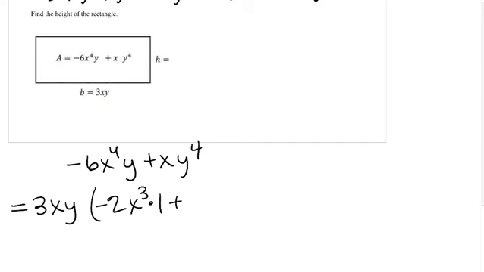Then I'm going to add. There's no number on this x y to the 4th, so it's kind of like 1 times x times y to the 4th. So you think, what do I have to multiply 3 by to get 1? You have to multiply 3 by a third to get 1. And you multiply x by 1 to get x, and y by y to the third to get y to the 4th.